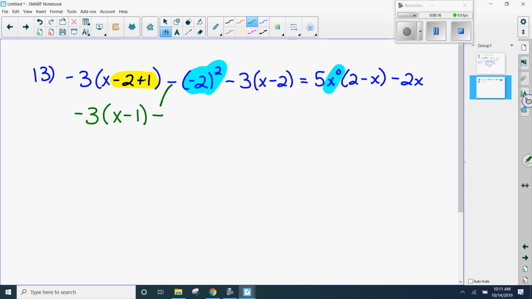Minus, this negative sign gets brought down, and you have -2 as your base. What's -2 times -2? 4. So it shows up as -4 right there. -3 times the quantity x minus 2 equals, x to the 0 is the same thing as the number 1, and 5 times 1 is 5.